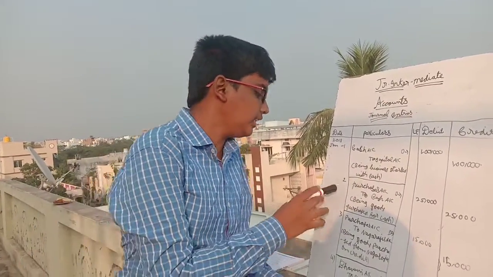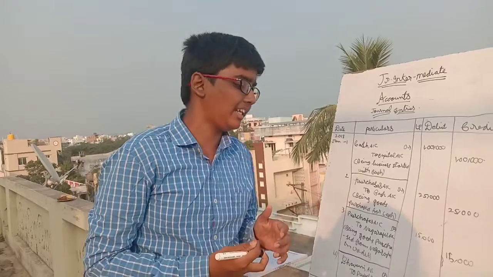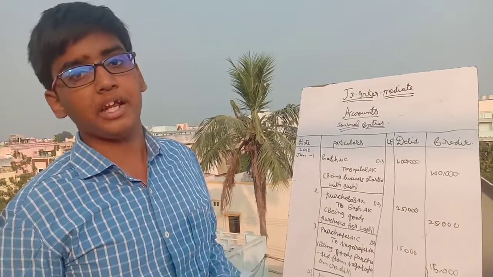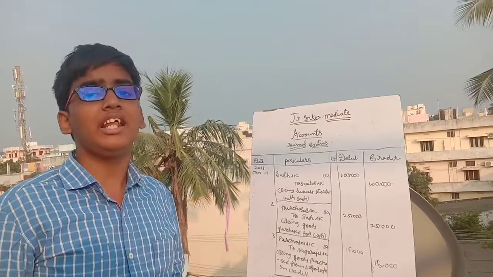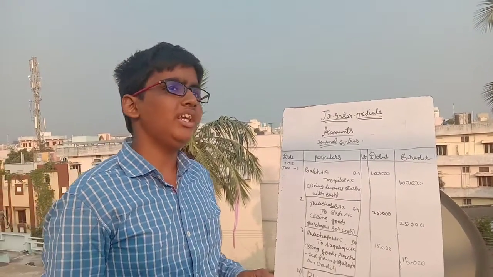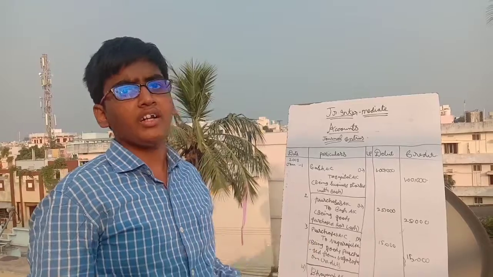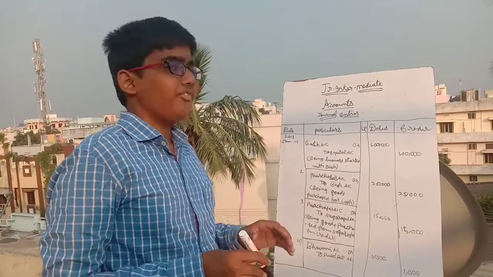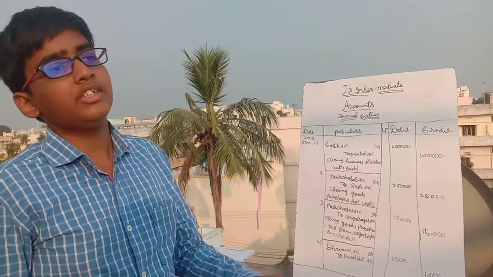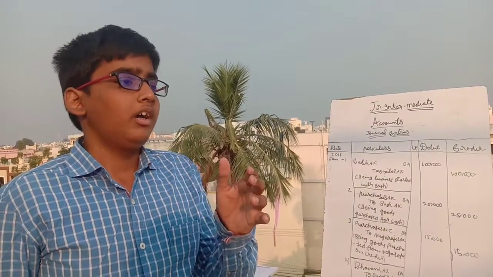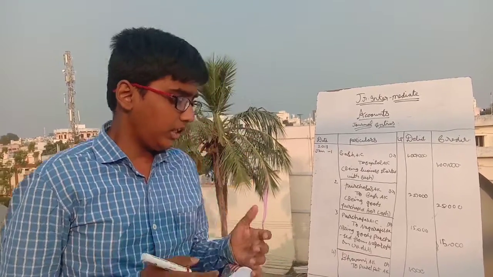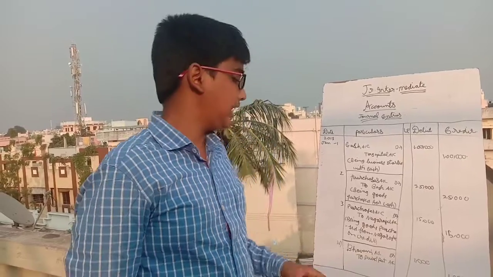And the second one, purchased goods for cash. If any name is also given, we should not consider the name here. We consider the name only when the words on credit are given, and not when for cash or nothing is given. For example, if a transaction is purchased goods from Sonali Bindre, here only a name is given, with no cash or anything else, so it is a credit transaction.